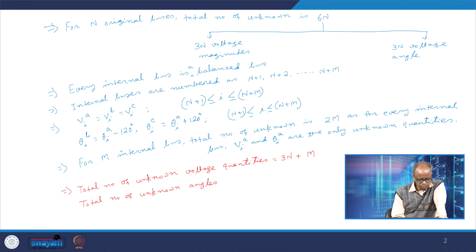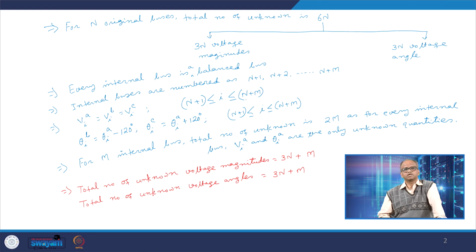The total number of unknown voltage magnitudes is 3n plus m, and the total number of unknown voltage angles appears to be 3n plus m.